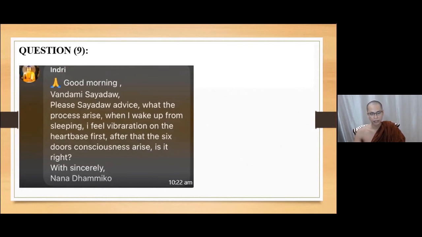Maybe you hear, but it's sometimes not easy to hear by the physical ear, and maybe later it becomes possible. But at the beginning, the body door consciousness arises, then mind door consciousness follows, and later the ear door consciousness also arises, and then mind door consciousness also follows in this way, and then you wake up from your sleeping.